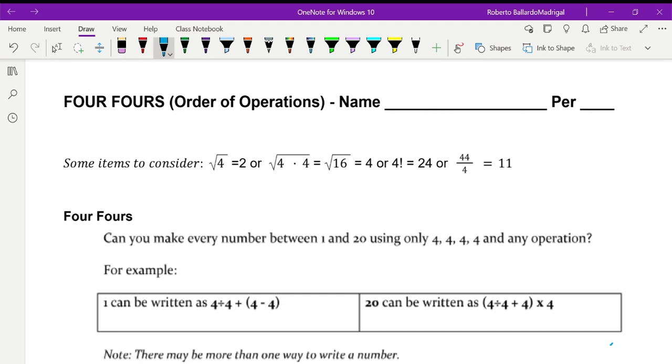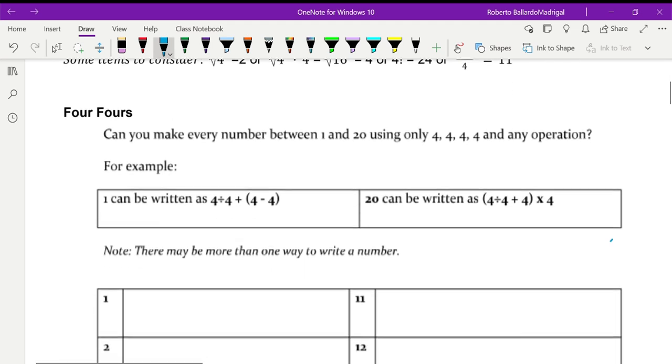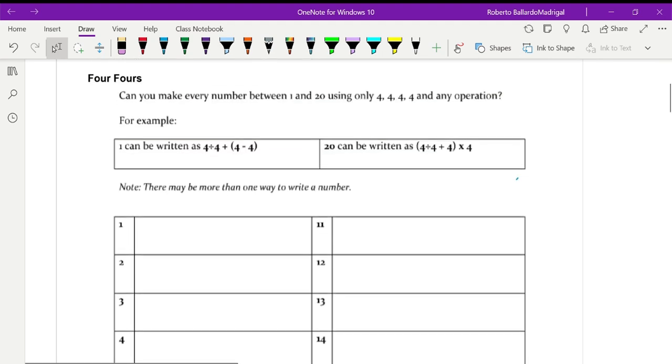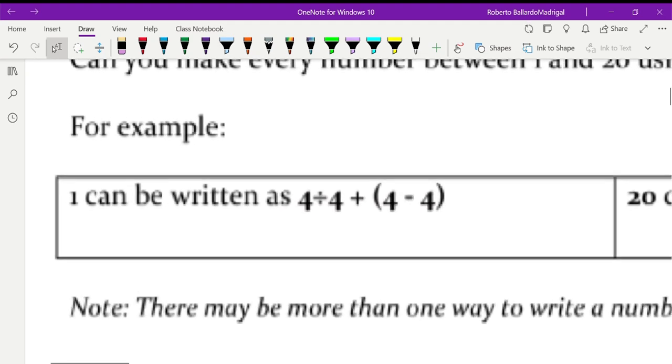Okay. So, here is the task at hand. Using a combination of four 4s, can you make every number between 1 and 20? Here you have some examples. For example, how can we come up with 1?